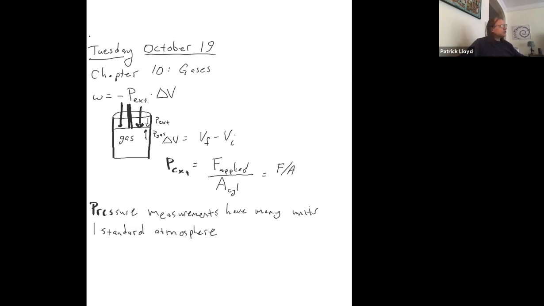Now, New York City is very close to sea level. It's not a mountainous area. So the pressure in New York City, if there's no storm coming in or leaving, is generally pretty close to 1 standard atmosphere. So we're going to call that 1 ATM for short.